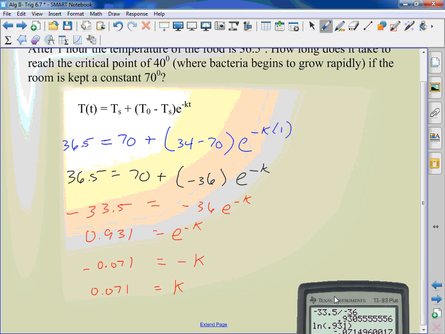Once I have the constant, now I can find out how long it takes to get to 40. Once I find k, then I can find out what t is when I know it's 40.